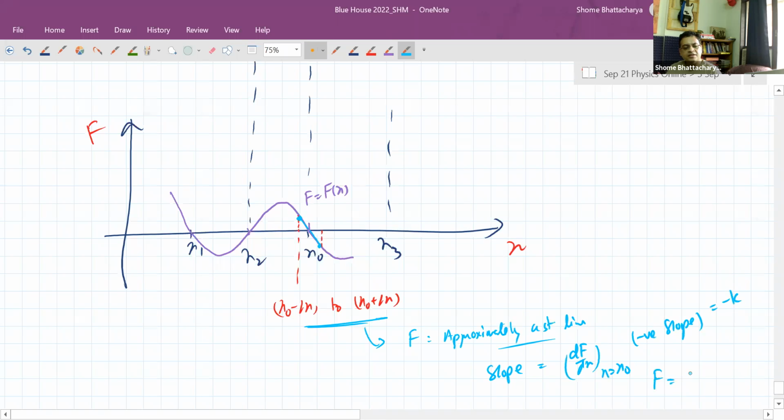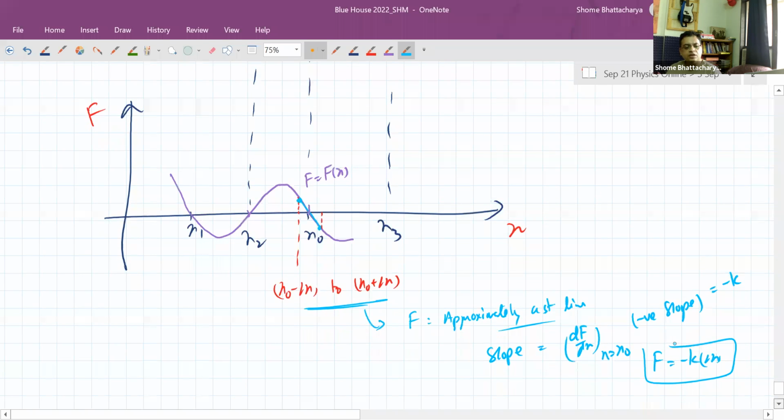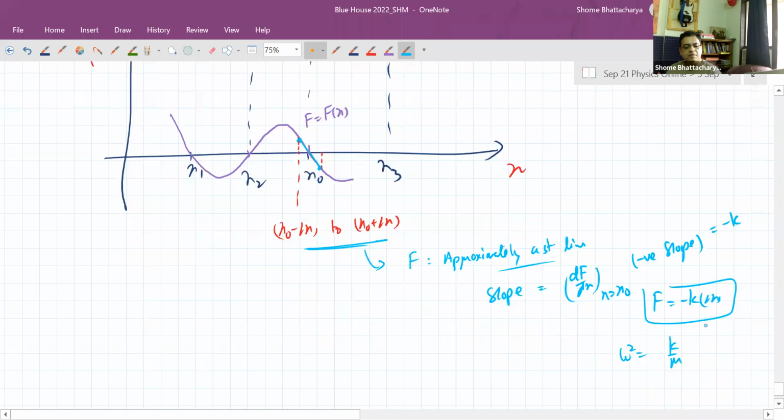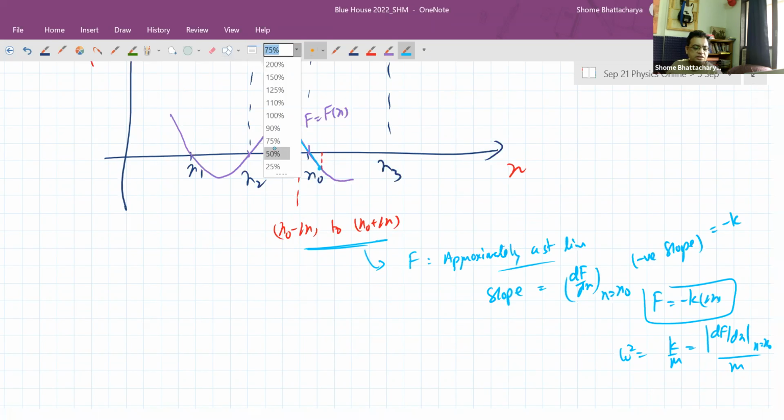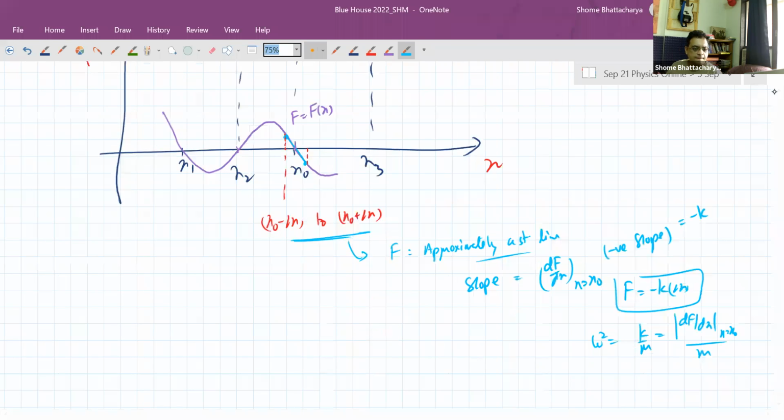So your F becomes minus k delta x, a small displacement with respect to that point. So for SHM, omega square is equal to k by m. So it is basically the magnitude of that slope at that point x0 divided by mass. That's your omega square. Okay, so is this general concept clear, Prachi?